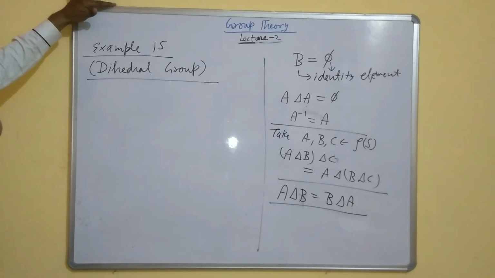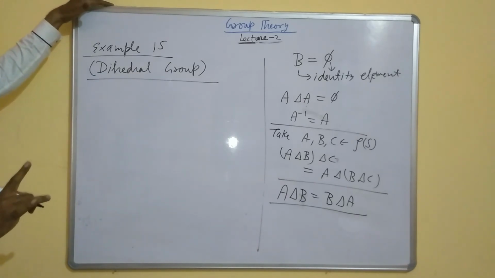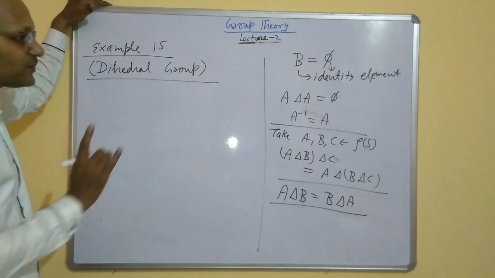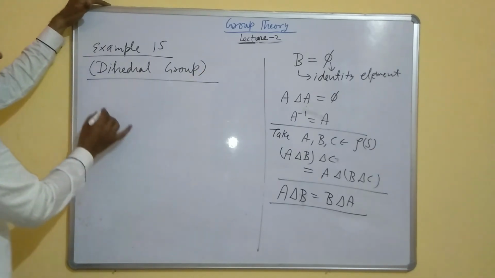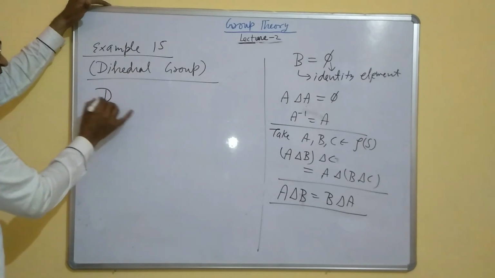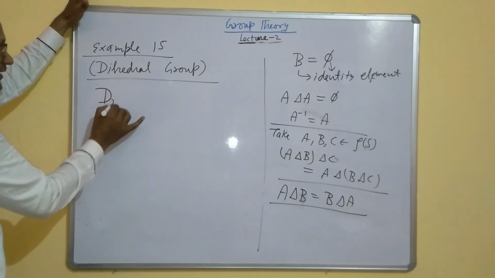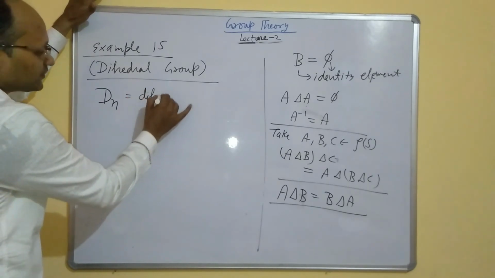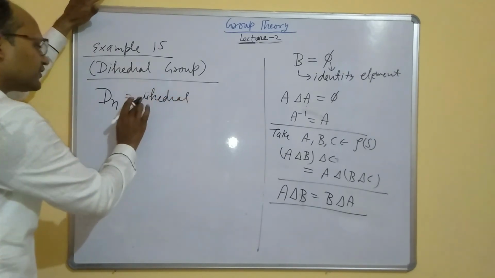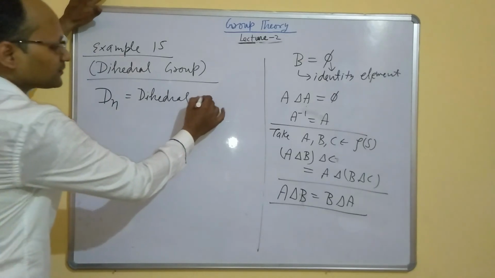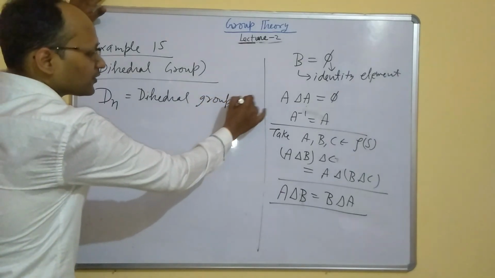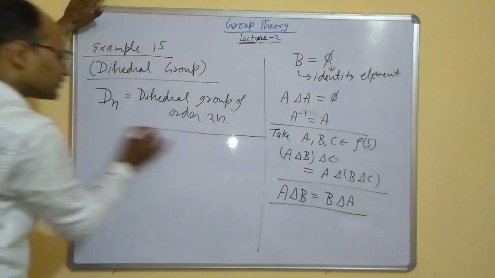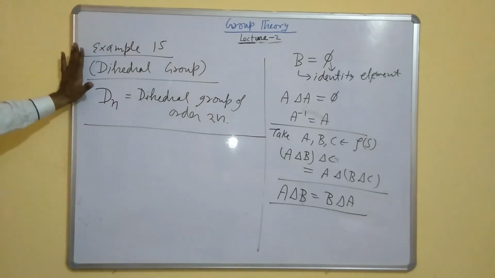I am not going to introduce this example right now because there are several things with this example attached. So actually it is a group usually denoted as D_n and called the dihedral group of order 2n. So I will introduce this group later on.